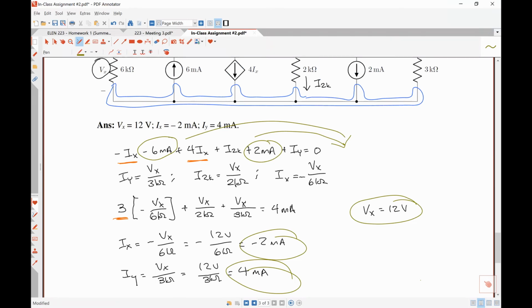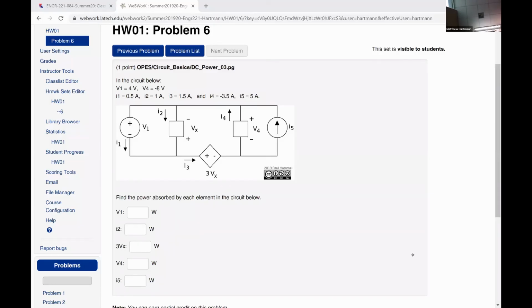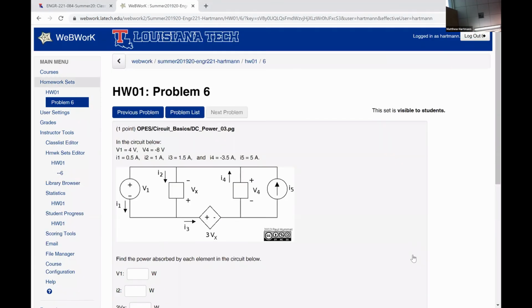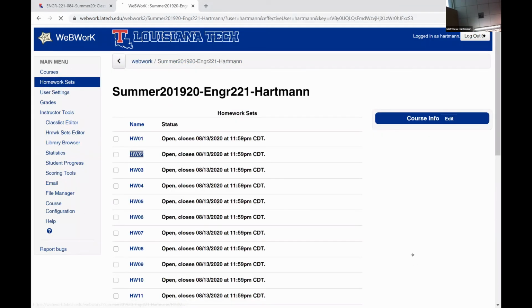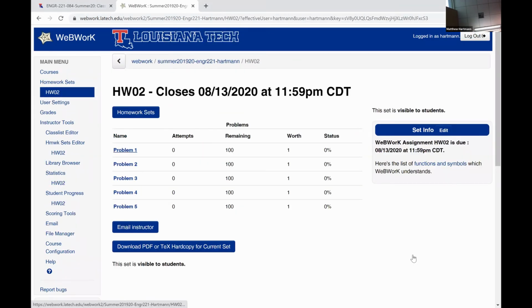My bad. So what I'm going to do real quick is pull up the web work assignment again, and we're going to look at homework 2. I might give you guys some pointers if I can remember what's what for those problems. Homework set 2, problem 1.